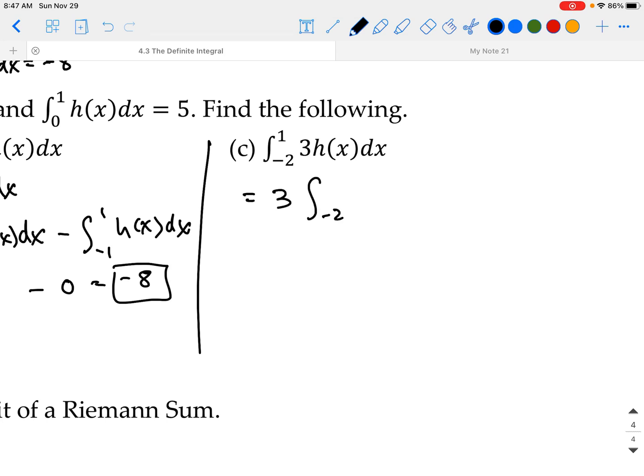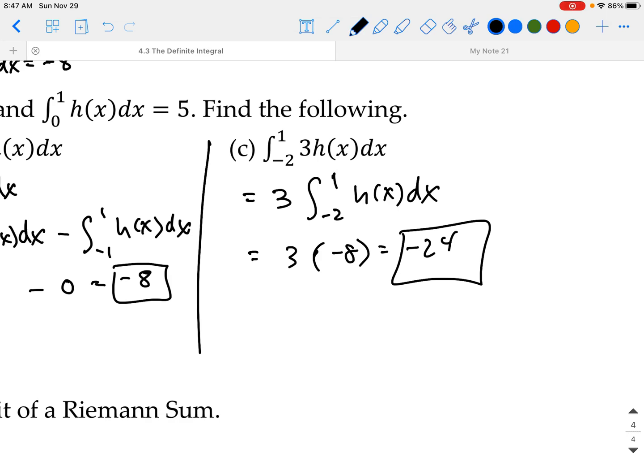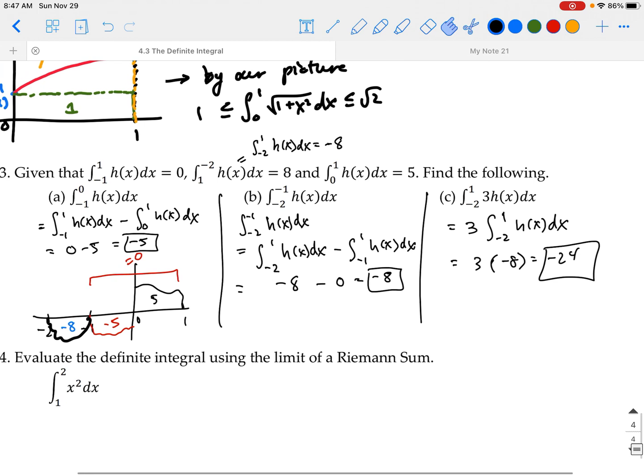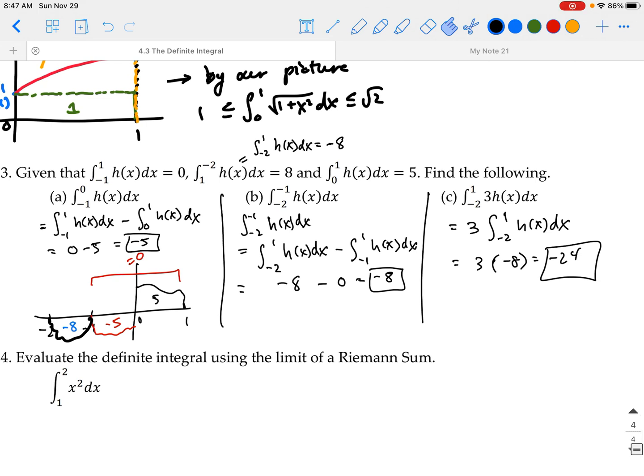So we can just rewrite this as 3 times the integral from negative 2 to 1 of h of x dx, which is just going to be 3 times negative 8, which is negative 24. And so this is just a case of using that notation. Again, drawing a picture can help, so definitely use that to your advantage.